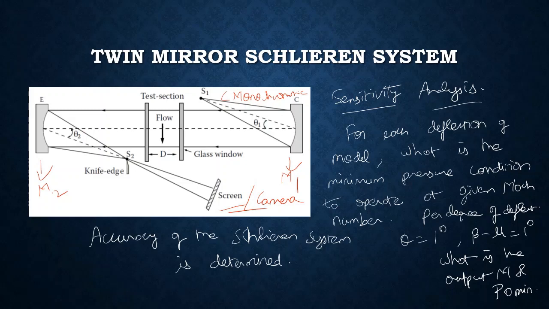The exact value which is happening inside the tunnel should be recognized, right? It should be recognized and calibrated well in advance. When you have the advance calibration, that is when you are going to use any kind of Schlieren system for recording different Mach numbers, we should check with this minimum pressure condition. When it is operating beyond its level, for example if you have the minimum pressure as 0.05 bar, still we have 0.03 bar.